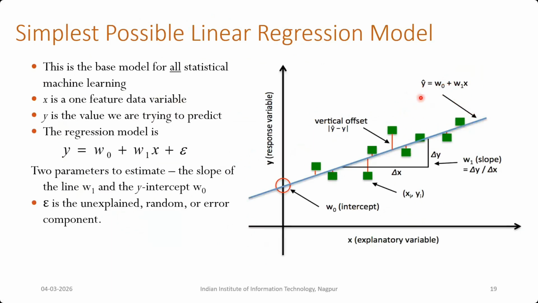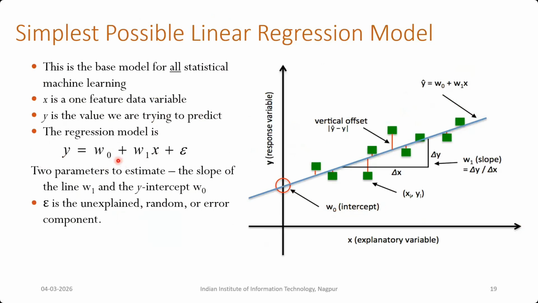In this case, we are considering that the equation of the line is w0 plus w1x plus epsilon. Here w0 is nothing but the y-intercept. Obviously this line will not pass through 0. It will have some y-intercept, and we are also treating this as a bias.